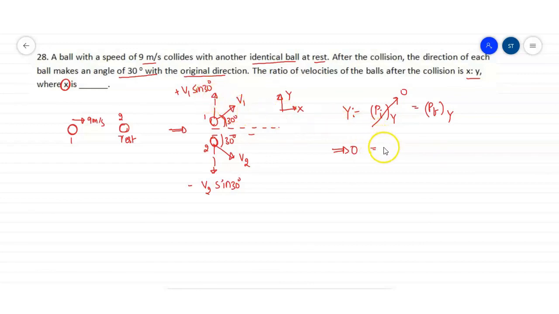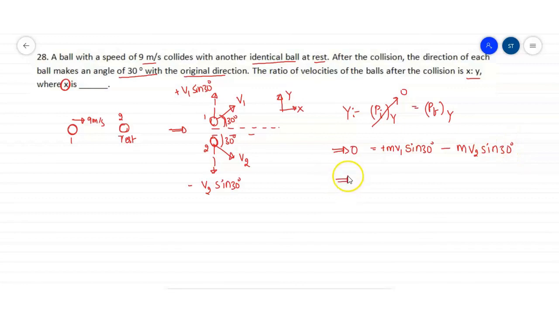So first ball momentum in y direction can be written as, let us assume mass of each ball is m, as they are identical, both balls will have a mass of m. So first one linear momentum component along y direction will be m v1 sin 30 degrees positive. Similarly, negative component of the second ball will be minus m v2 sin 30.